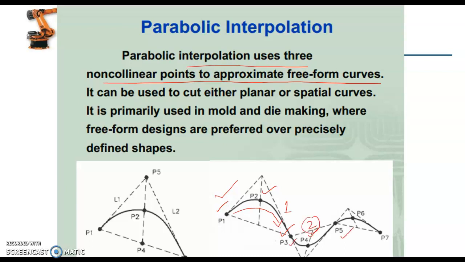And again, the third curve is defined using the points P5, P6, and P7. So these curves are known as freeform curves, and the application is in mold and die making, where freeform designs are preferred over precisely defined shapes.